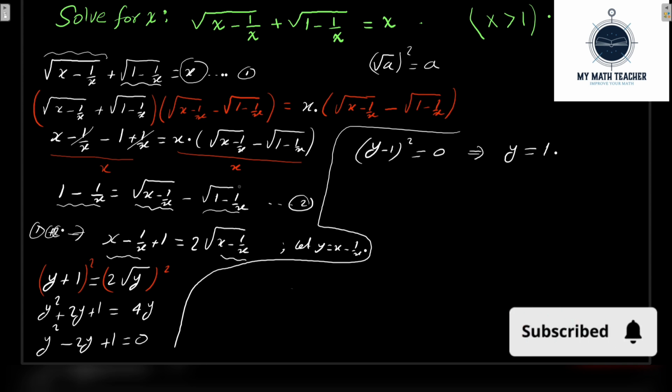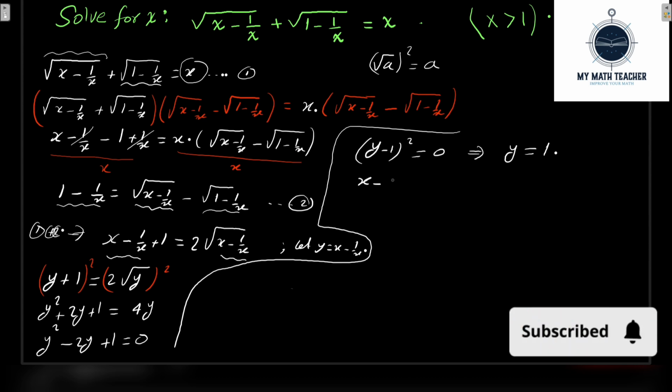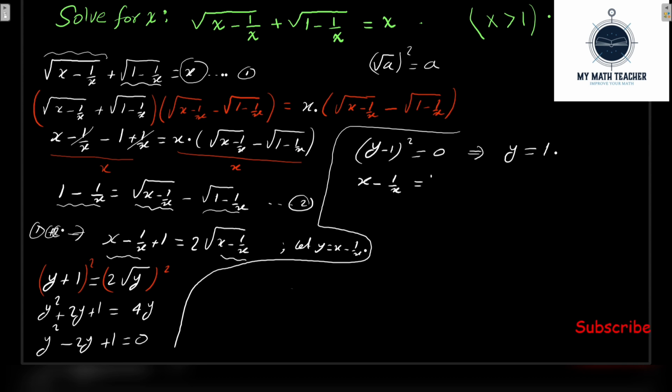y equals 1, let's replace back y, which is here x minus 1 over x equals 1. If we multiply by x, then we'll get x squared minus 1 equals x. And this implies x squared minus x minus 1 equals 0.